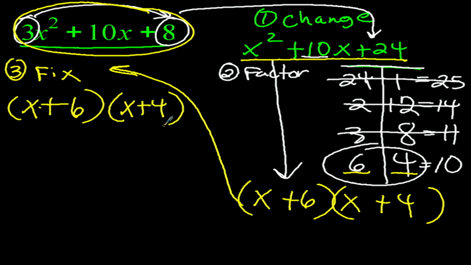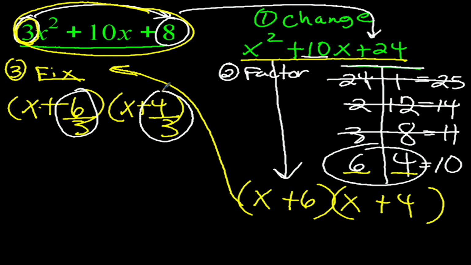Now remember, to fix it, we have to use our leading coefficient, which was 3, and we divide 6 by 3, and we divide 4 by 3. Then we're looking to see if we can reduce either one of these. So in this first case, we have 6 divided by 3, which is 2. So we can write that binomial as x plus 2.